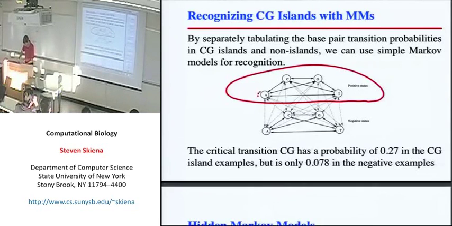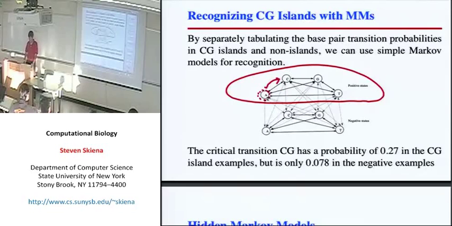Maybe we'll just pick this one as the starting state. This edge from here to here means that given an A, my next character is a C. Does everybody see that?